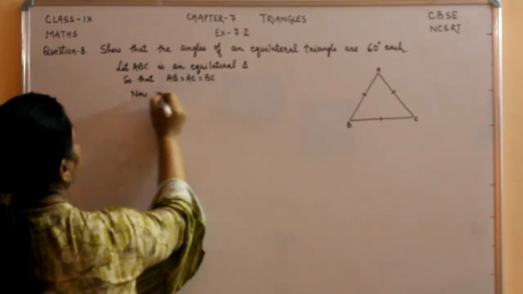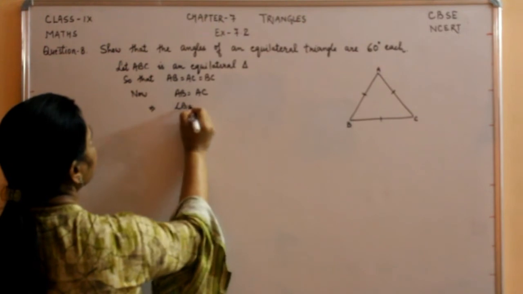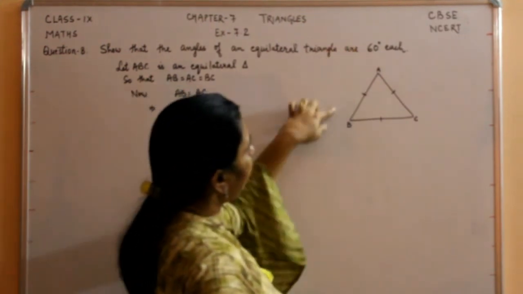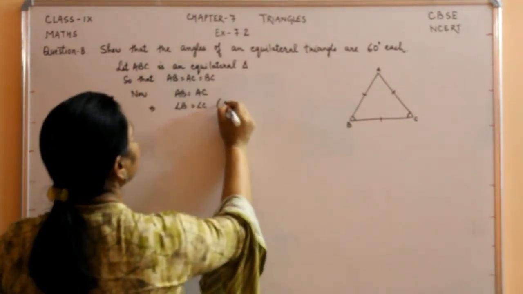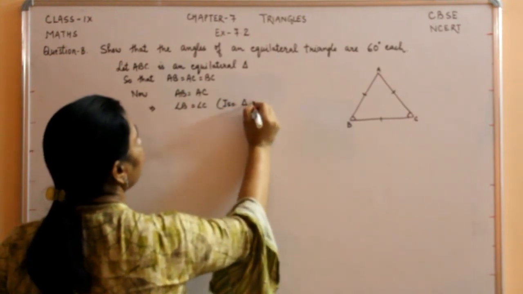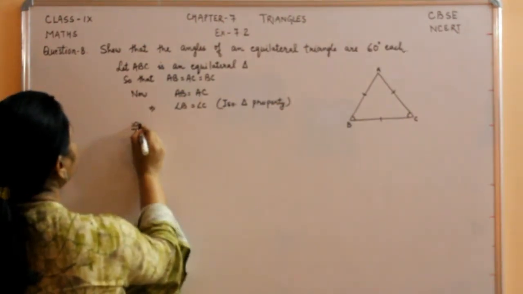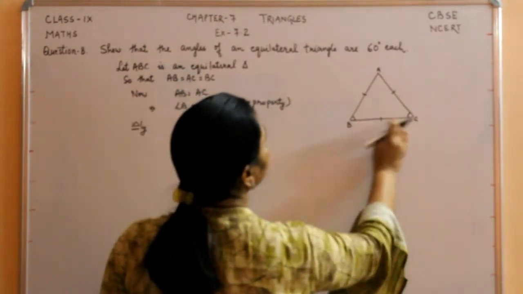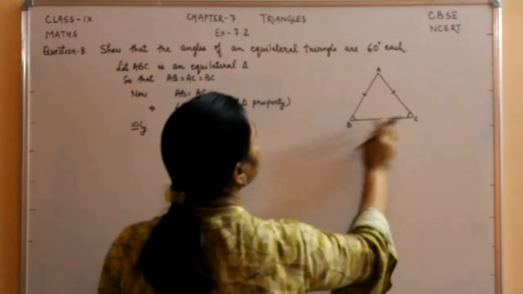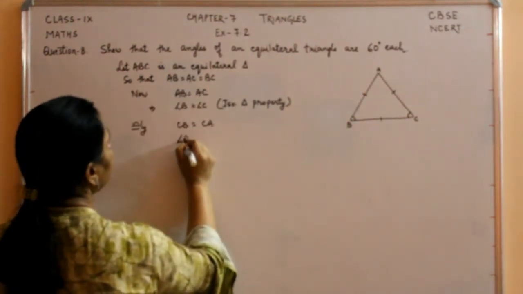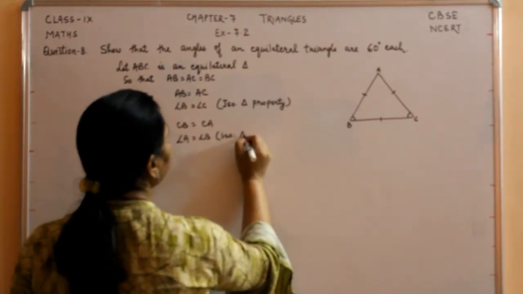Now, AB is equal to AC implies angle B is equal to angle C. When AB is equal to AC, that means angle B is equal to angle C by isosceles triangle property. Similarly, CB is equal to CA means angle A is equal to angle B. The same isosceles triangle property.